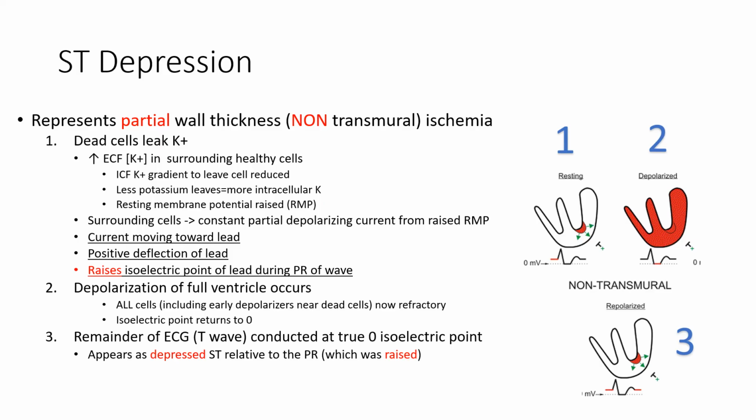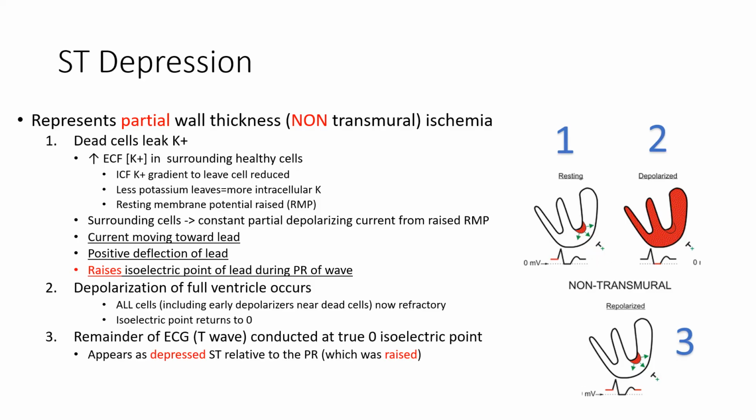And the cells surrounding these dead cells are in a constant state of partial depolarization because of the raised resting membrane potential. This is a current that can be detected, and that current is moving towards our lead. Thus, at baseline, due to the partial depolarization of those cells, we get a positive deflection of our lead at baseline.